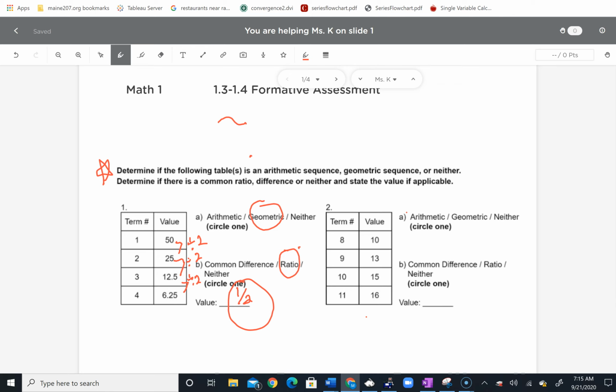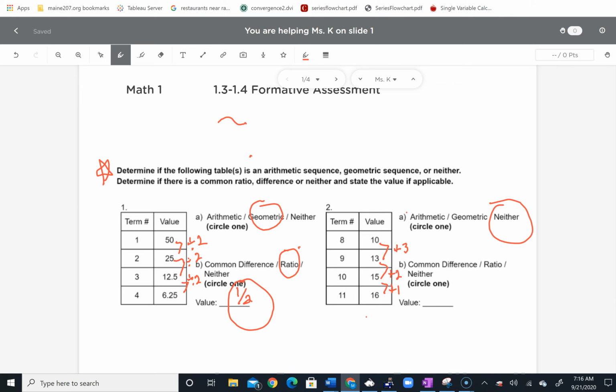Take a look at number 2. We're going from 10 to 13, 13 to 15, 15 to 16. At first glance, you'll say, oh, it looks like we're going to add a 3. But now from 13 to 15, we're not adding a 3. We're adding something different. A lot of times kids want to think this is arithmetic, but it's not.